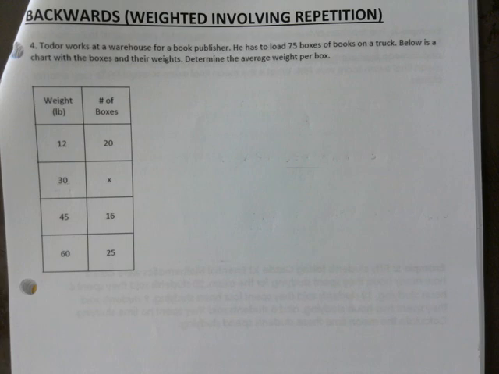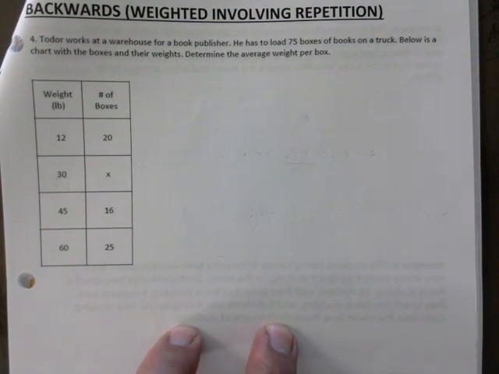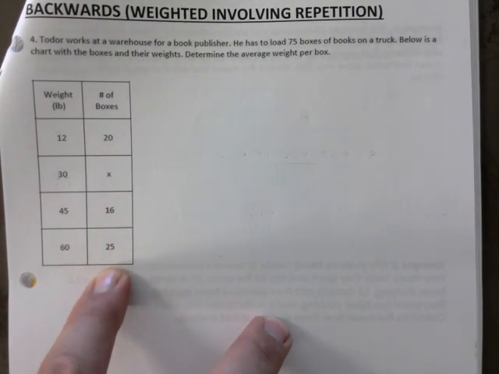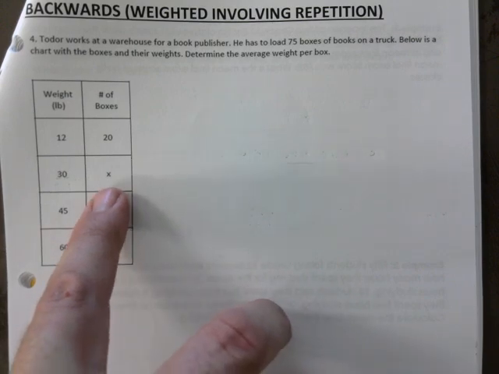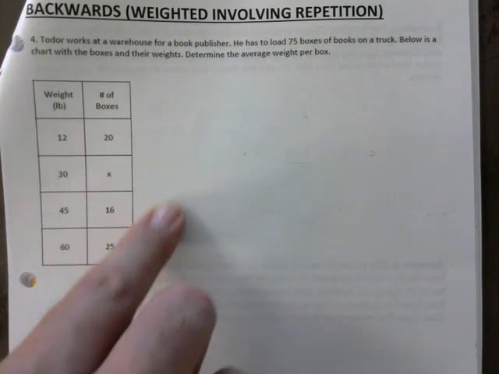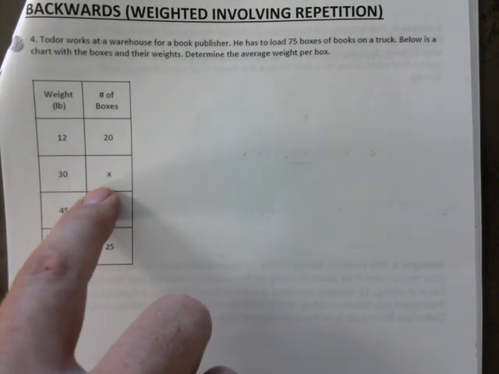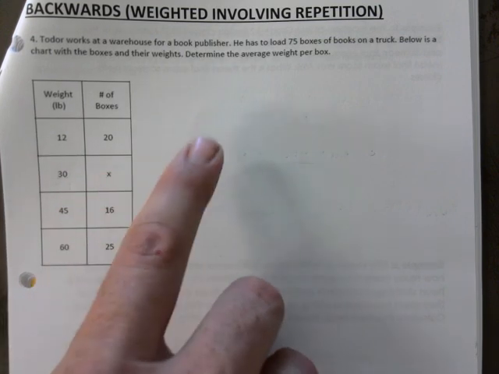Usually it has to do with your final grade. But in case I do put that on there, you should be prepared for it. You don't have to worry about this on the quiz, but maybe on the test, right? I'm not quite done making your tests yet. So apply the same reasoning with weighted mean in this scenario, but you need to figure out the number of boxes here to get that average.